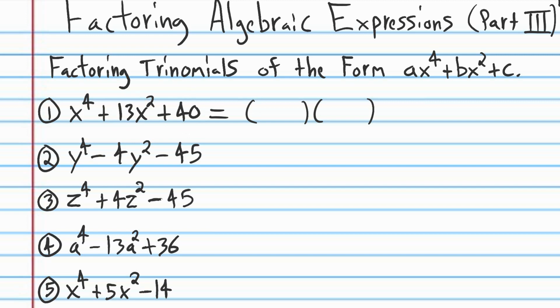So this is the same type of problem. But instead of writing x's here, we're going to write x squared. And then, of course, it would be 5 and 8. Because 5 times 8 is 40, and 5 plus 8 is 13. So that is the answer.